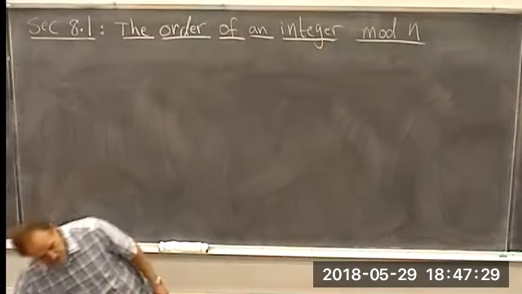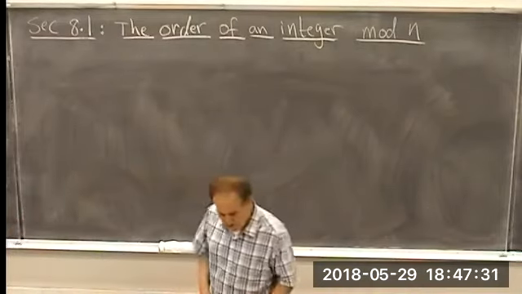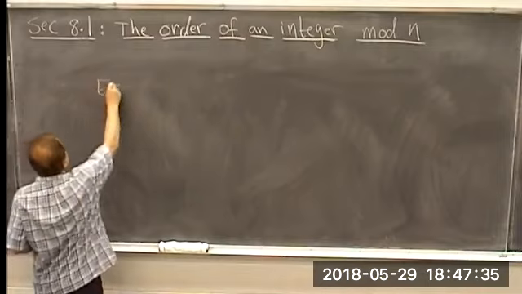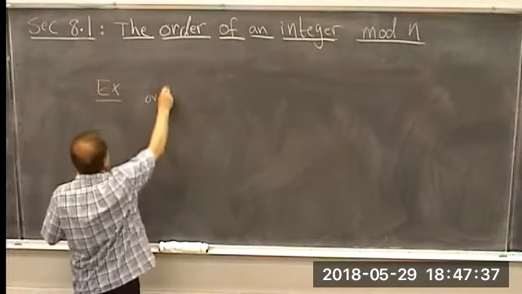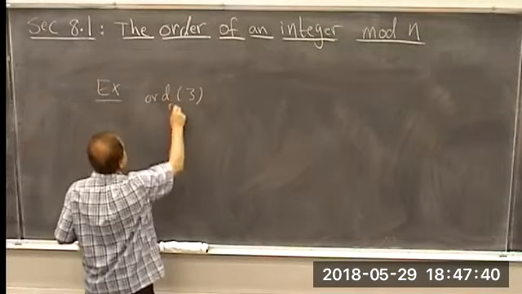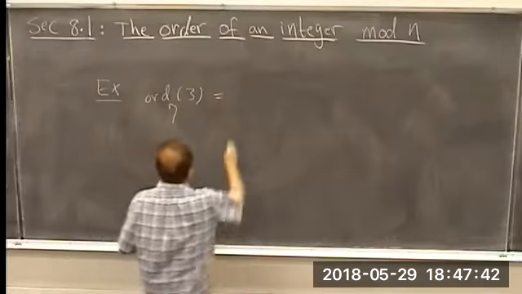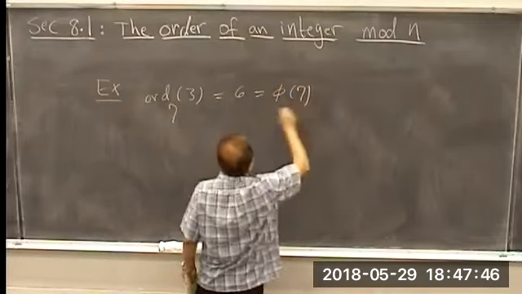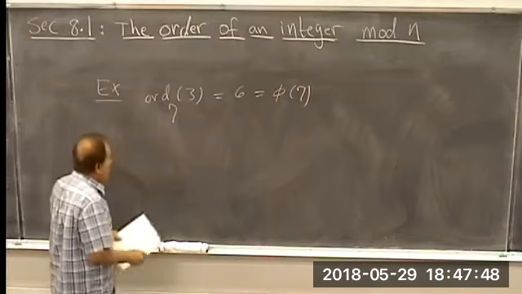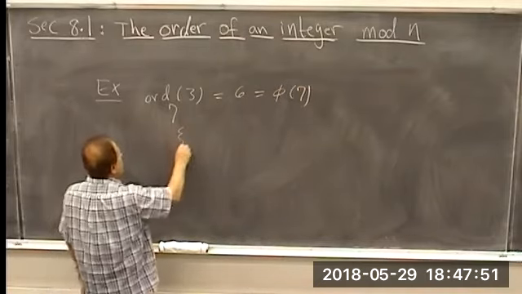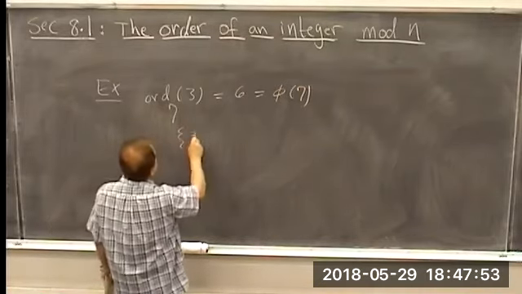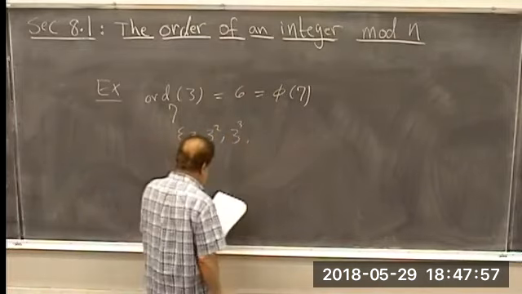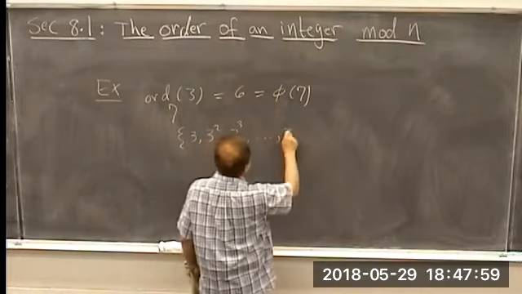So in the second corollary, let's look at the order of 3 mod 7. This happens to be 6, which is phi of 7, which you can check. Now let's look at these powers: 3, 3 squared, 3 to the 3rd, and so on up to 3 to the 6th.